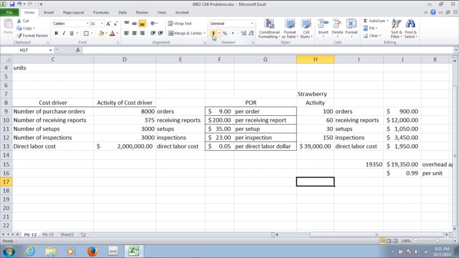So then the total unit product cost, so this is per unit, so overhead per unit.